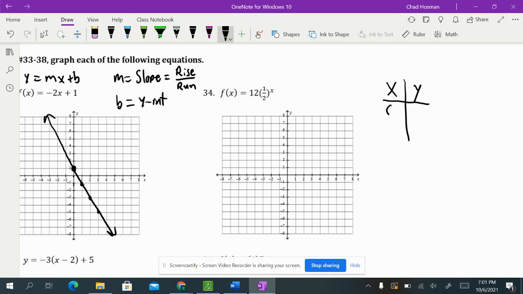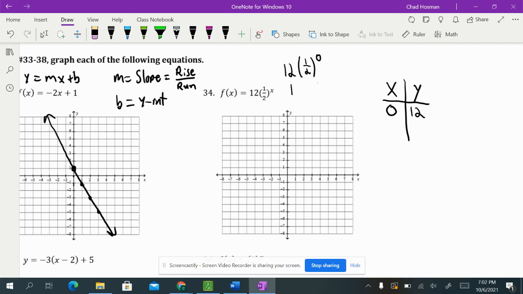We can say, okay, if x is 0, what would y be? Well, we would do 12 times 1/2 raised to the 0 power. I know anything raised to the 0 power is just 1, and I know 12 times 1 is just 12. So when x is 0, y is 12.